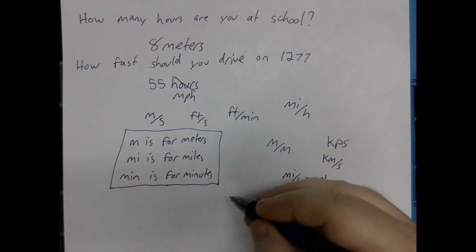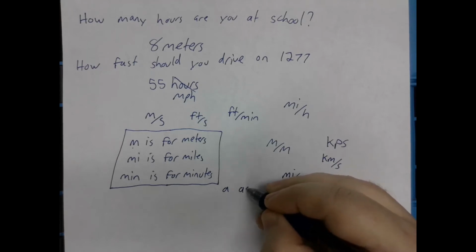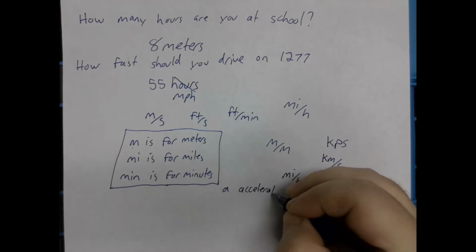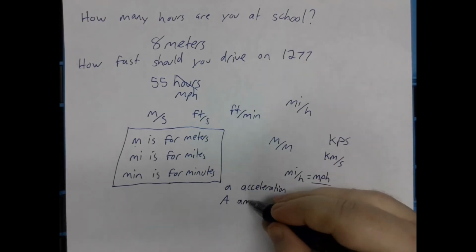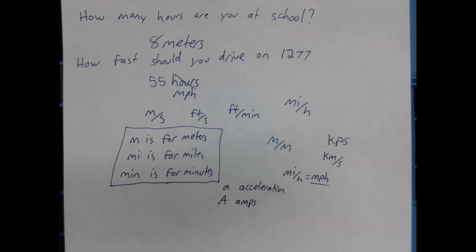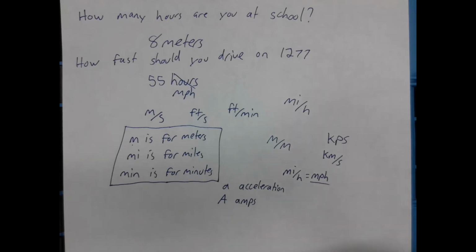Another thing. A, lowercase a, is for acceleration. Capital A is for amps. Like how many amps of current are running through the wall, or how many amps does your car battery produce. So lowercase for acceleration, capital A for amps.